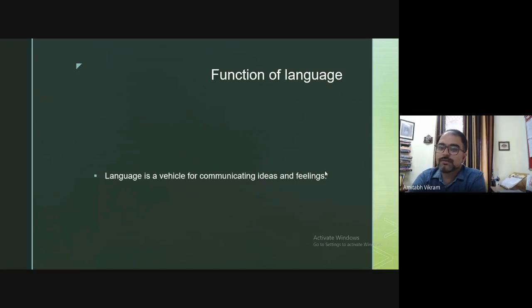So words are also divided into two types: content words and functional words. And which are functional words? Prepositions are functional words, right? Determiners are functional words. We have both types of auxiliaries, they are functional words. When I say content word, that means we can have an image of that particular word.